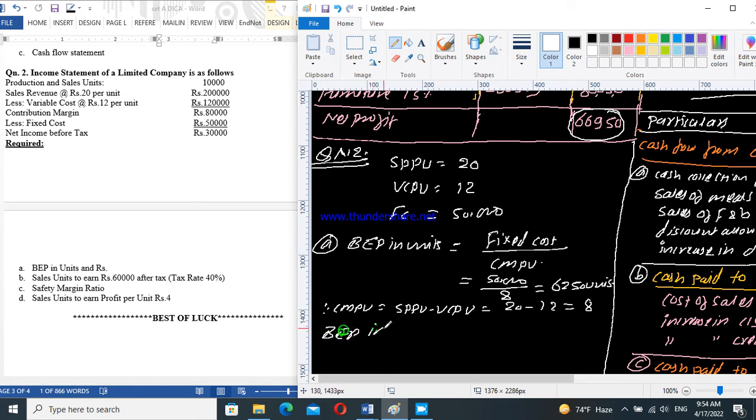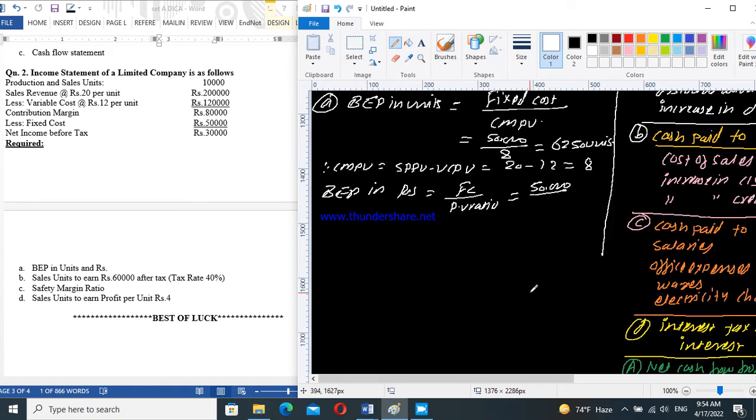BEP in RS is equal to fixed cost divided by PV ratio, is equal to FC 50,000 divided by PV ratio. Calculate over here. Now PV ratio, PVR, is equal to CMPU divided by SPPU.